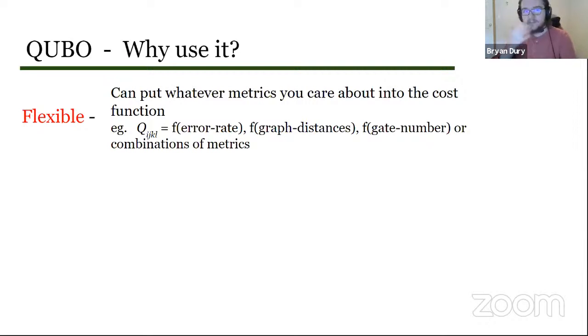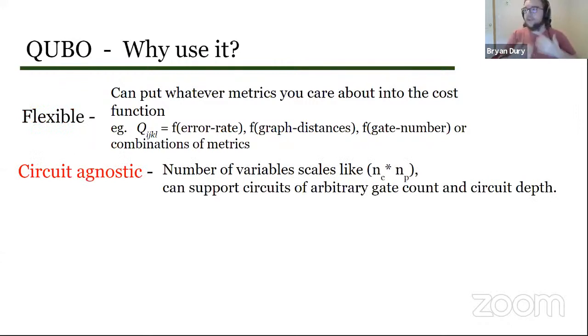The second thing that I can think of that makes QUBO appealing to use is that it's circuit agnostic. What I mean by that is it doesn't matter how many gates you shove into your quantum circuit. At the end of the day, QUBO is going to have the same performance. The reason is that QUBO only scales as the number of variables you have in your cost function, and that number is going to scale like the number of circuit qubits multiplied by the number of hardware qubits.